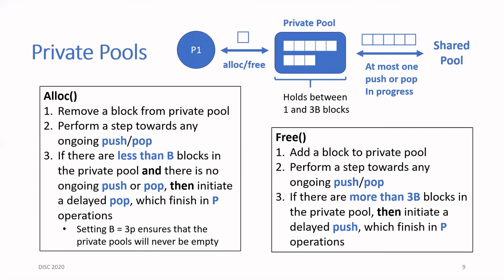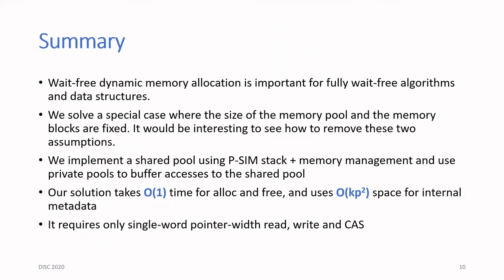If the number of blocks in the private pool goes above 3B, then it begins pushing a batch to the shared pool. With this protocol, you can show that you will never invoke a shared push operation if there is already an ongoing operation on the shared pool. Together, these two operations ensure that there's always between 1 and 3B blocks in the private pools.